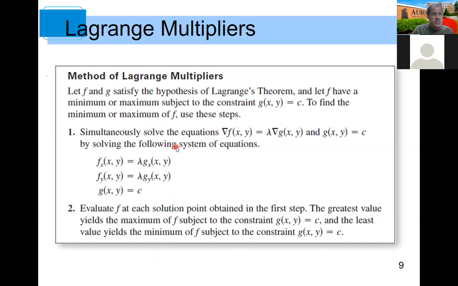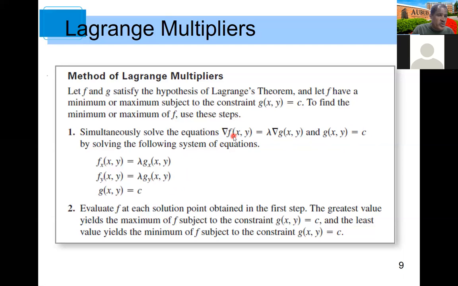The first step is to solve the equation del of f of x y is equal to lambda times del of g of x y, which is obtained from the previous theorem. Remember, the previous theorem says this is satisfied. And the other constraint, this. This is equal to that, and this together give us three equations. Why?